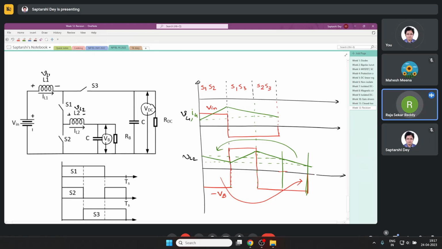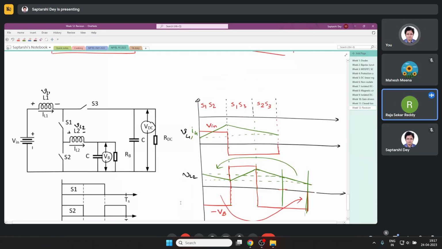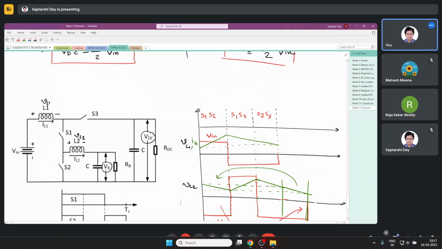All right. So this one DC source can be used for supplying two loads. This kind of converters are called multi-port converters. Multi-port.